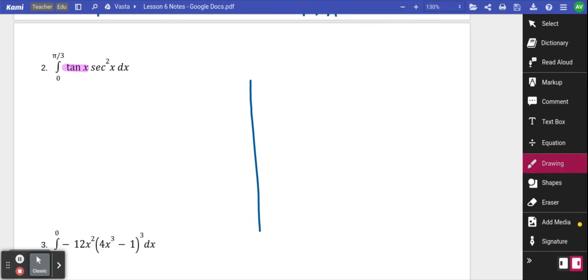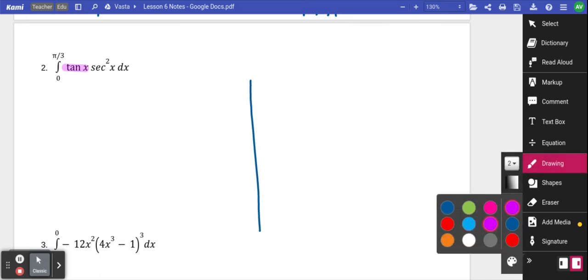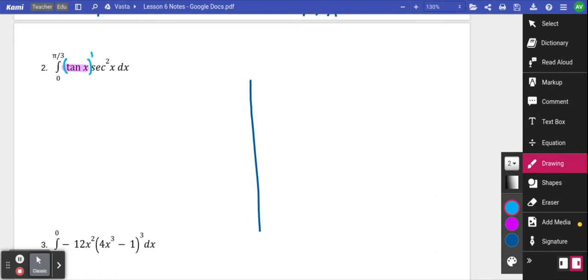One way to visualize this a little bit easier is that we could think about this as tangent to the first power. So the outside function is that power of 1. The inside function is tangent. And I'm going to do that because the derivative of tangent is secant squared.